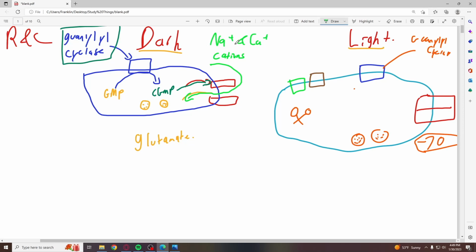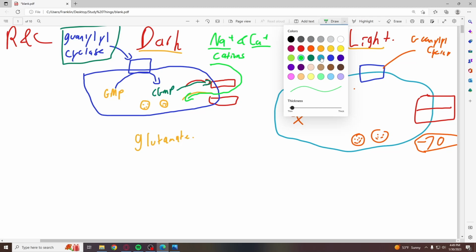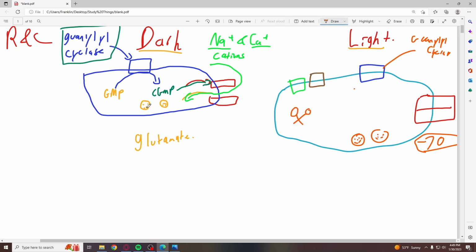Sodium will depolarize the cell, and calcium is known for allowing exocytosis. So the synaptic vesicles within the cell will come out because this calcium is coming in, and what they release is glutamate. So glutamate is being released in the dark.